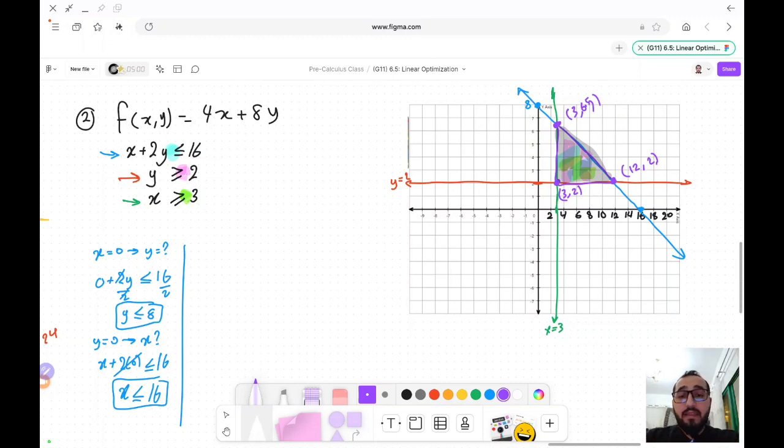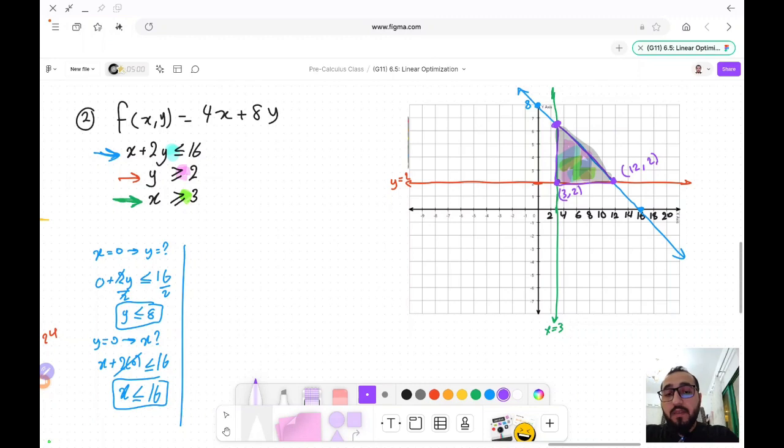And this intersecting point is intersecting which two lines? It's intersecting the blue line with the green one. Now what you have to do to find this intersecting point is substitute one function in another.